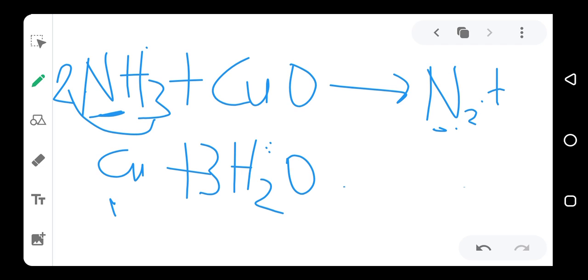Then for oxygen, we have 1 oxygen and we have 3 oxygen here. That is this 3 times 1. We have 3 oxygen. So what are we going to do to balance it? Let's put 3. Three oxygen, so this one becomes 3 times this, which is 3 oxygen here.